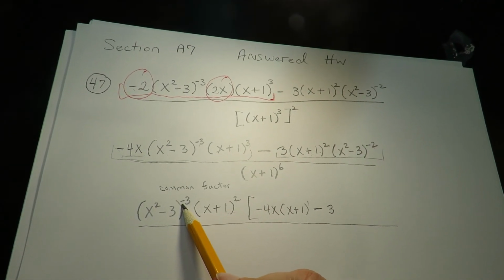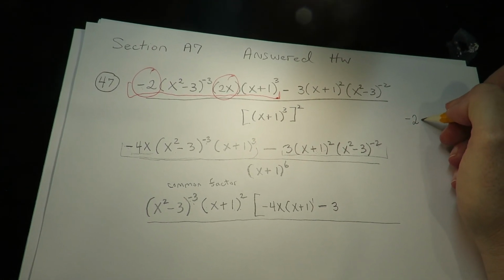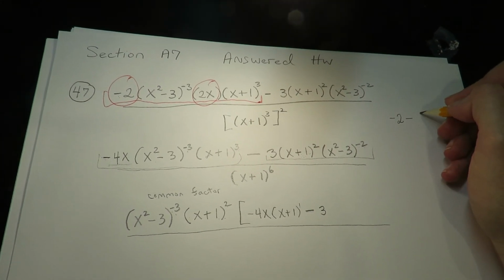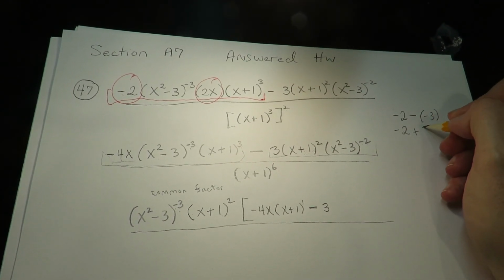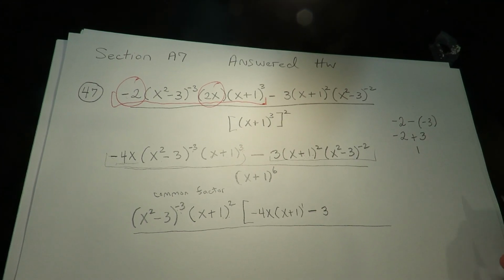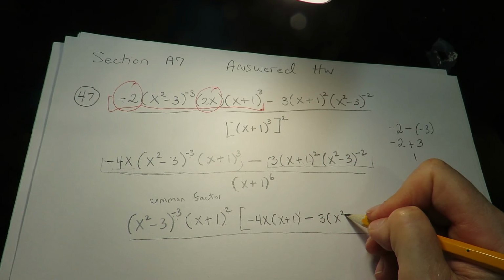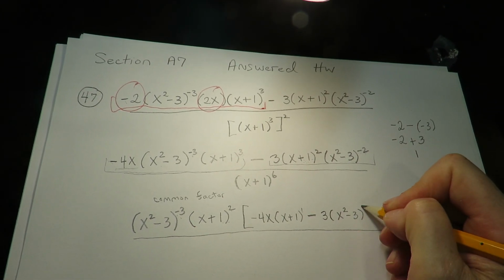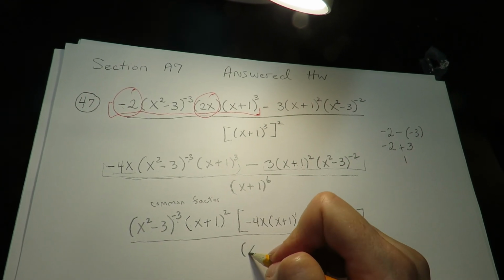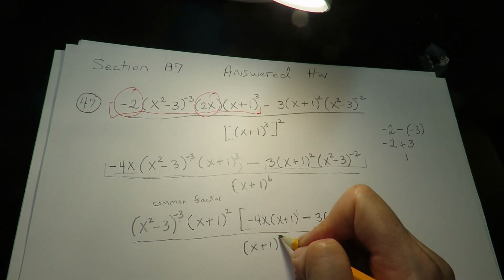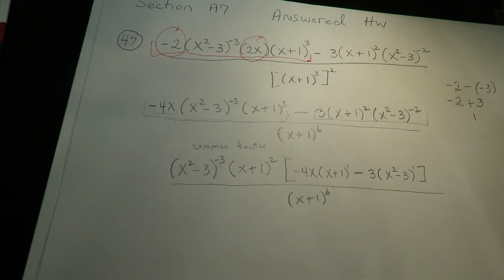I take away -3. So make sure you understand what I'm saying. I start with -2. I take away -3. So that's a double negative there, which means that I'm going to add it. So it's actually a 1. That's a little confusing to our brains. Okay, so that's where I'm at right now.